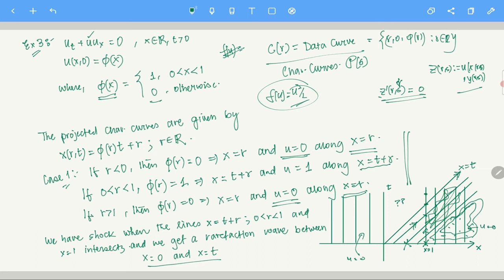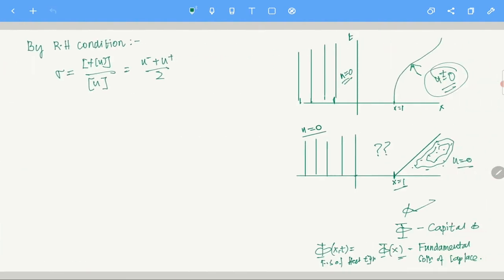So I am starting out with the data curve such that u equals 0 on this side, and on that side u equals 1, just to match the initial conditions. So u minus is 1, u plus is 0, and divided by 2. So this is half. So the speed of the curve has to be half.